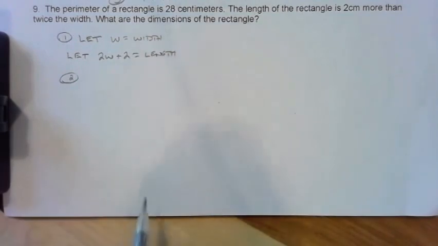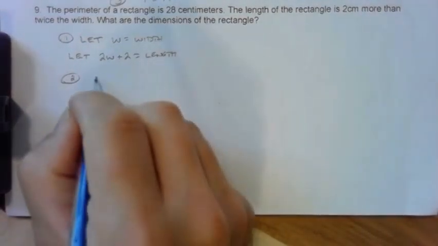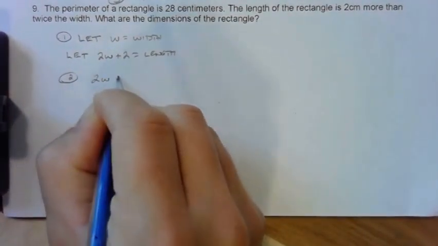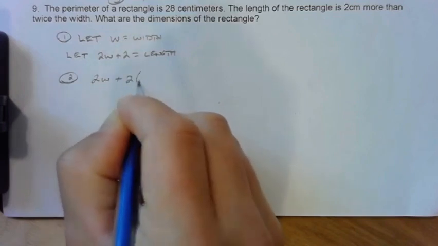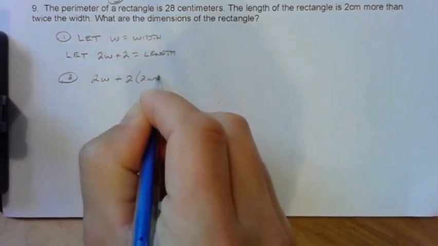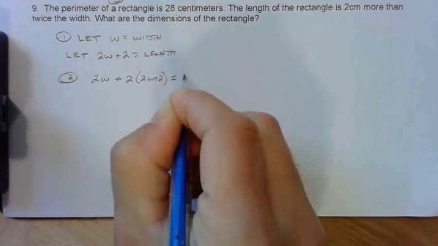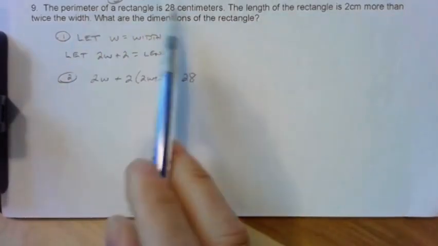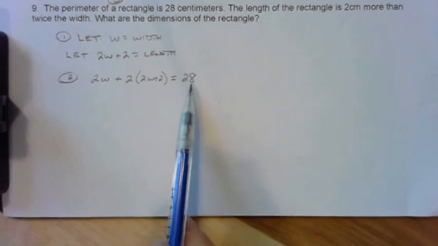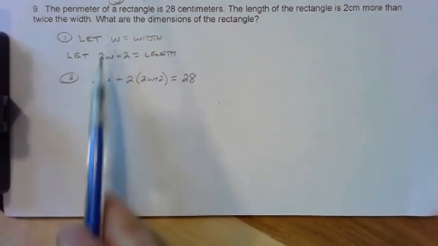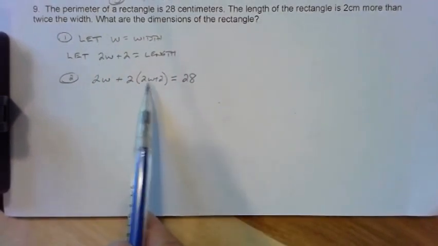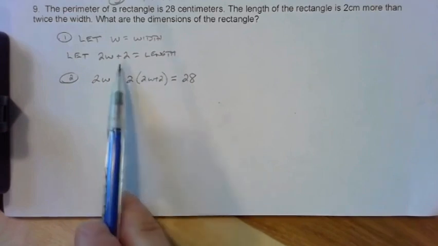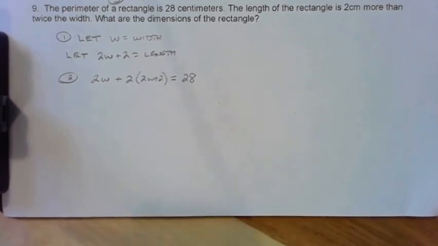And remember, for a rectangle, you can say 2 times the width plus 2 times the length equals the perimeter. All right, the perimeter is 28 centimeters, twice the width, 2W, plus twice the length, 2 times 2W plus 2 is 28.